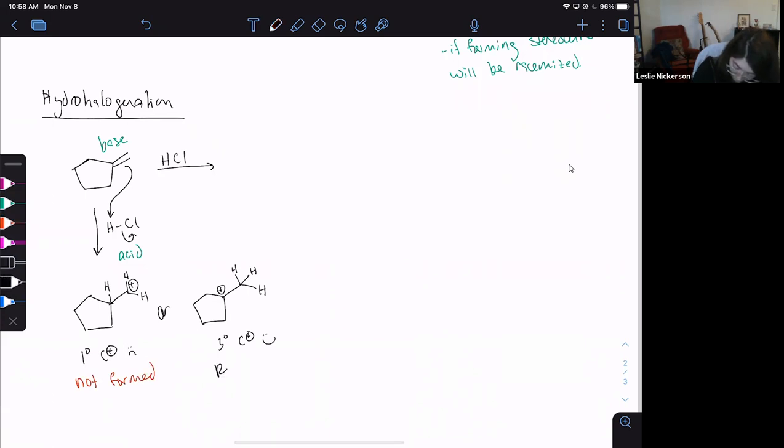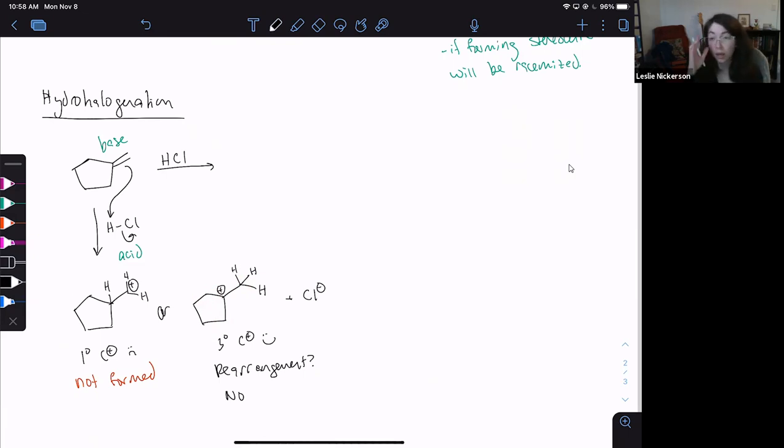And so if I'm not moving forward with this, then we always need to ask ourselves, is there any rearrangement possible? In this case, I could move it to a secondary or the primary. None of those are better than a tertiary, so I don't have any rearrangement here. And I have formed Cl minus.